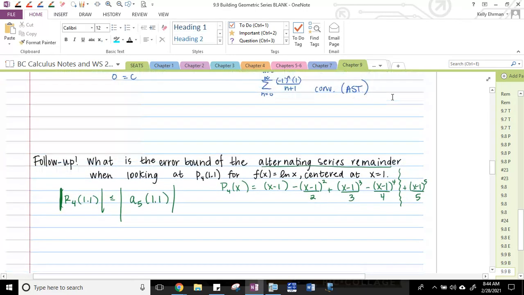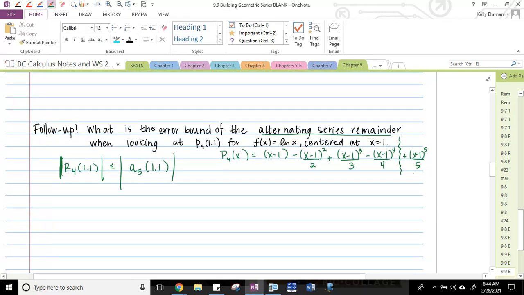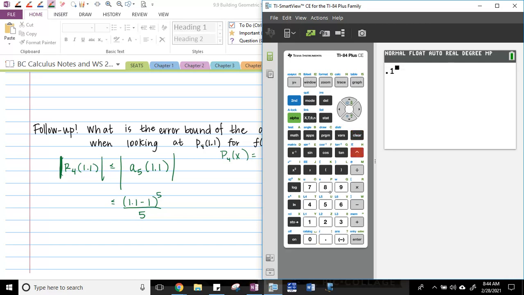Alternating series says plug 1.1 into that fifth term that you left off, and that's your maximum error. All right, so it would be 1.1 minus 1 to the fifth over 5. I don't really need the absolute value because that's positive. But if that alternating piece would have been minus, we would ignore that part. And then this is just 0.1 to the fifth over 5.